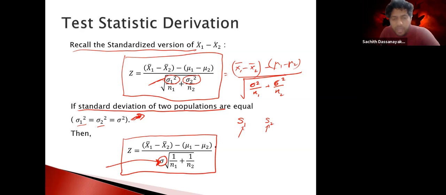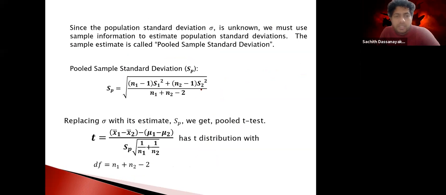To do that, we have a special formula. Since the population standard deviation sigma is unknown, where did this sigma come from? Sigma 1 equals sigma 2, right? It equals sigma. That's where this sigma comes from, and it is unknown. The estimate is called the pooled sample standard deviation.